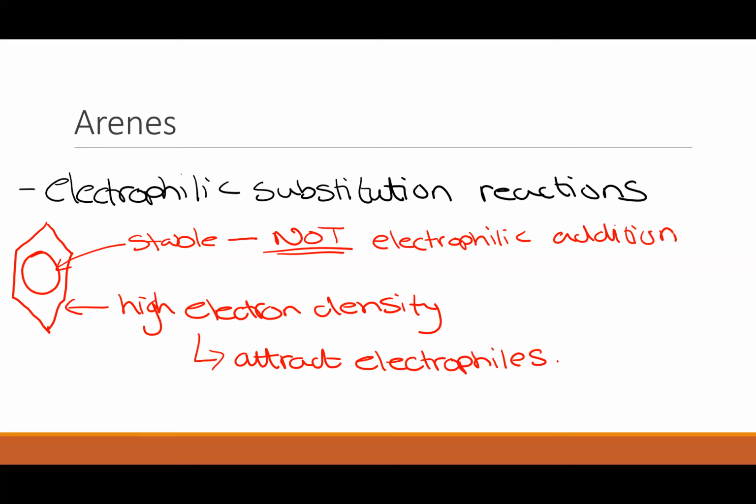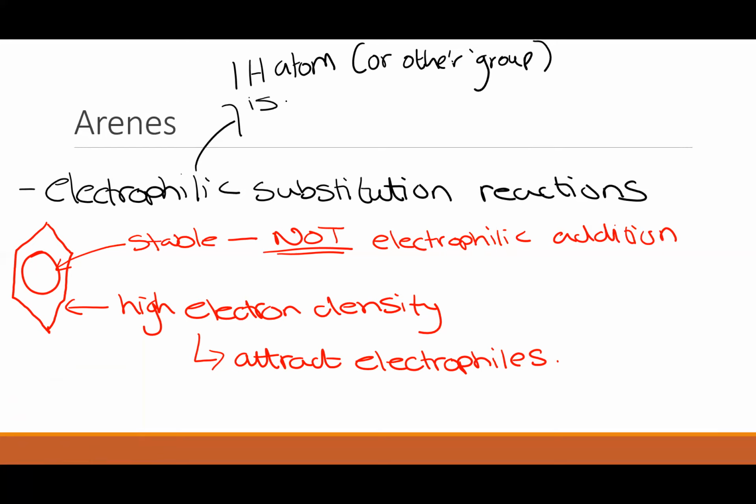So instead, it undergoes electrophilic substitution reactions. And in this situation, what happens is one hydrogen atom or another functional group on the ring is substituted for the electrophile.